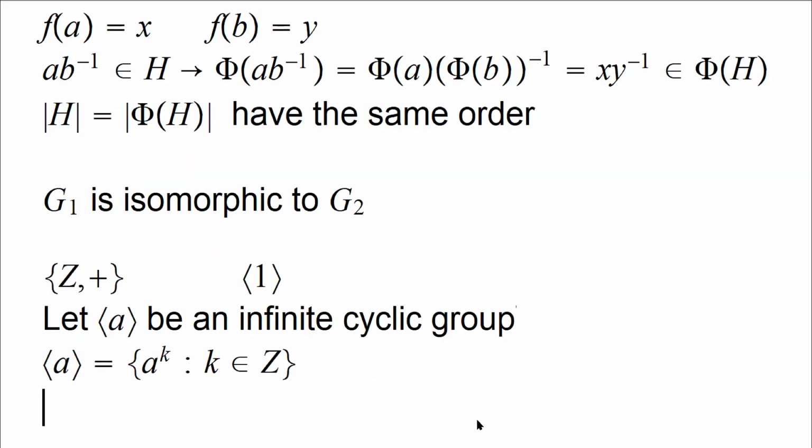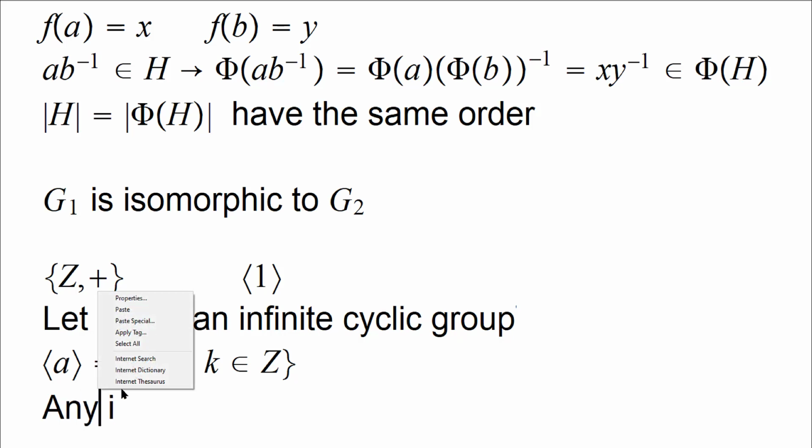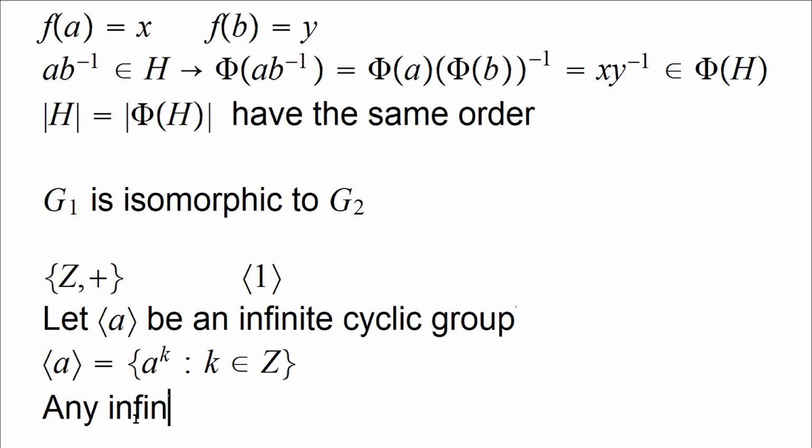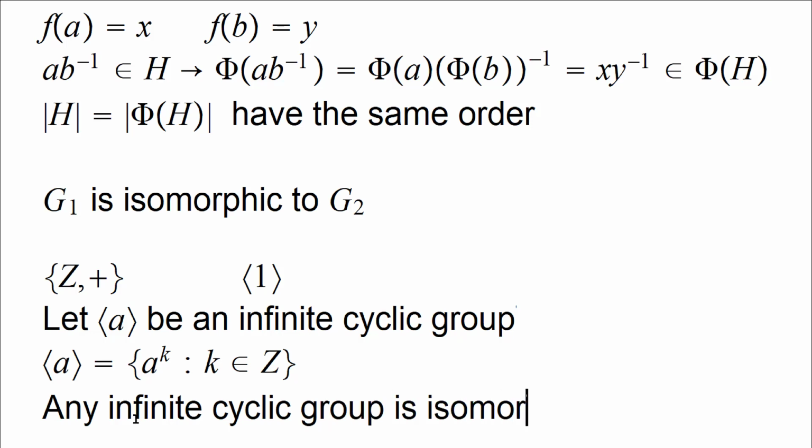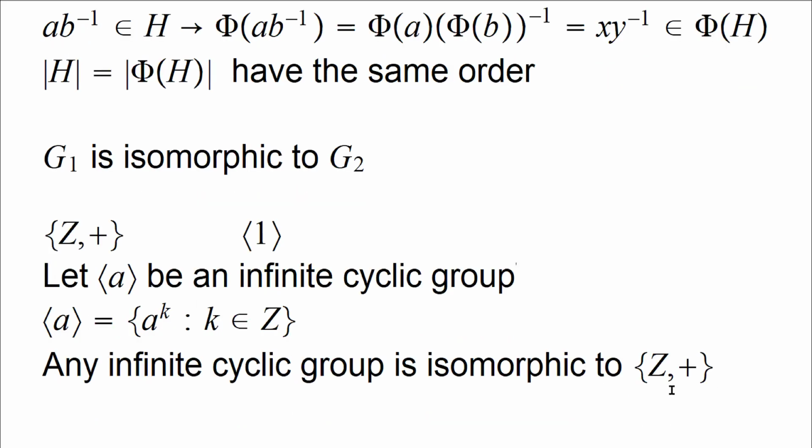So in other words, let's just go ahead and show that any infinite cyclic group is isomorphic to the additive group of integers.